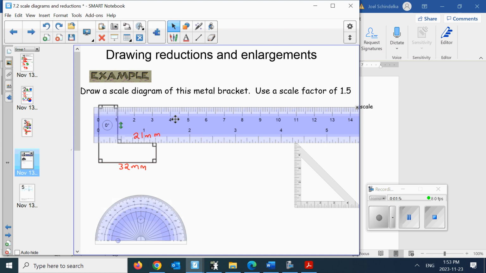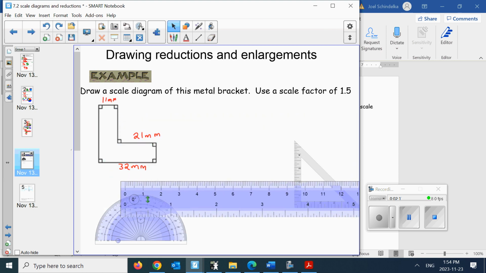What are you getting for this little guy? 11? Okay. Is that 10? It's very close. And are the other measurements the exact same, but just sideways? 32, 21, and 11. Okay.